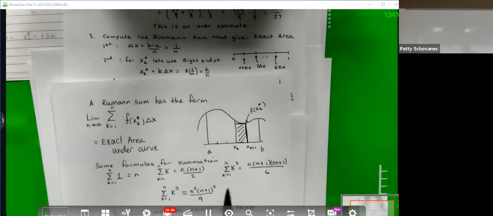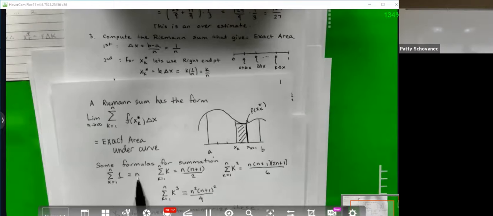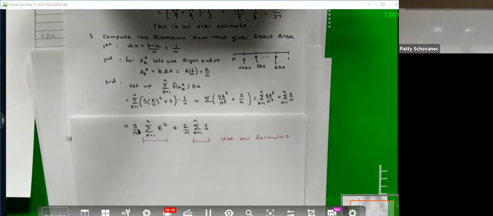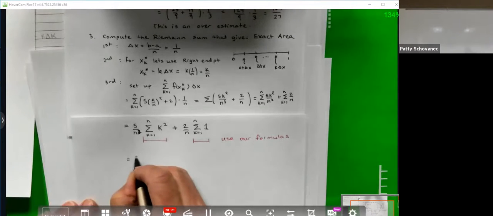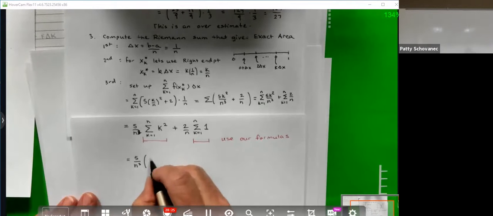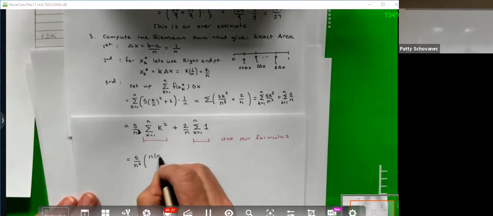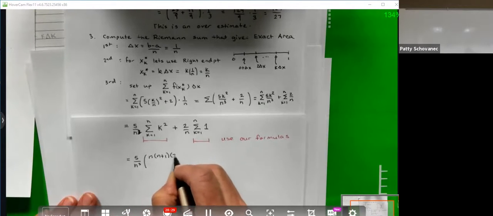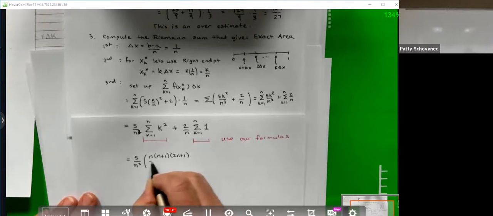Okay, so my summation formulas. For the k squareds, we're going to put in the long expression here, n times n plus 1 times 2n plus 1 over 6. And the sum of 1 is just going to be the n. So we're going to have 5 divided by n cubed. Formula gives me n plus 1, 2n plus 1 over 6.